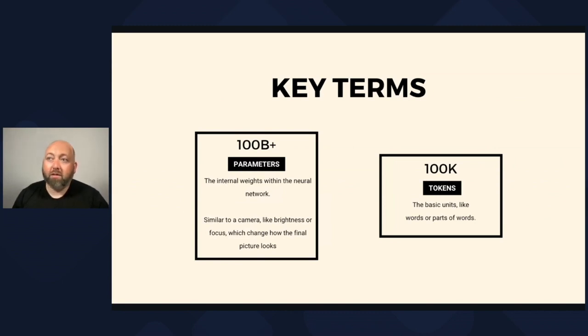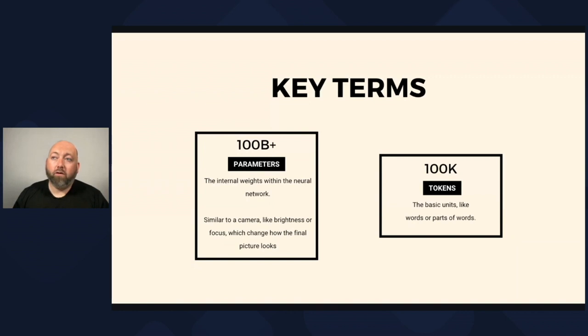So parameters are basically, I love this example, if you imagine a camera, you're able to tweak the brightness, the focal point, and by moving all these levers, or if you're on your phone, by moving all these different things, you create the output of the images differently depending on how you tweak them. That is basically what represents these parameters.